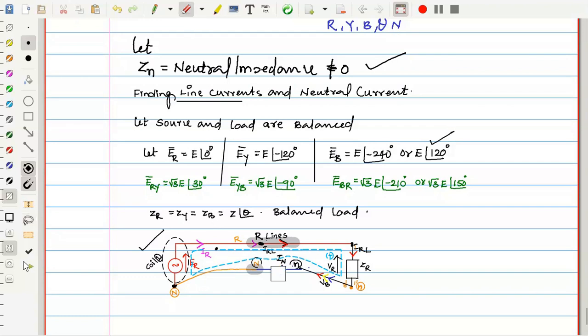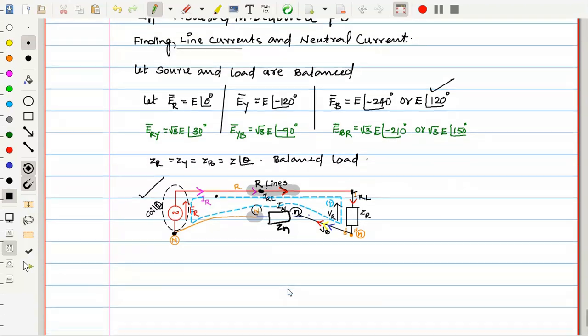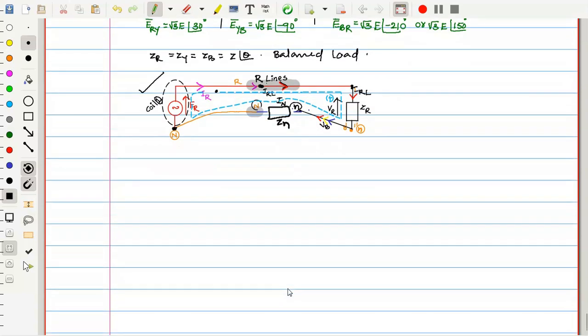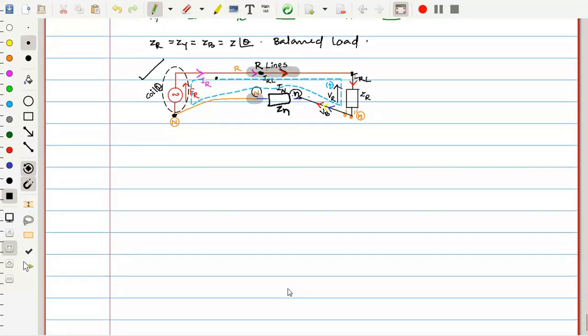What extra change is that here there is a load neutral impedance Zn. Now if we write the KVL, what kind of equation do we get? See this, again the same loop. First I'll get plus VR. Everything is in phasor form.